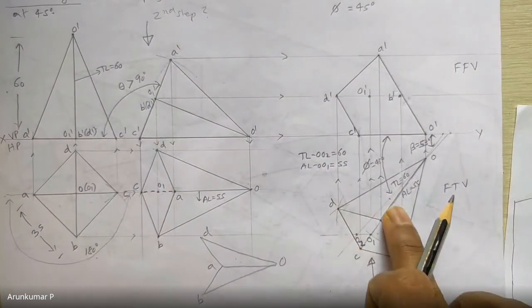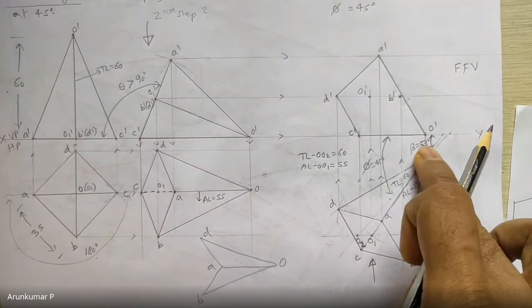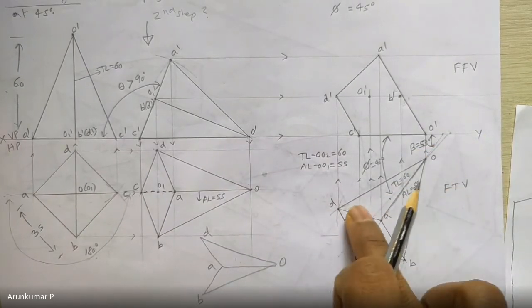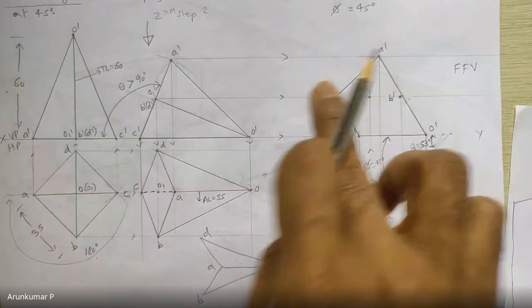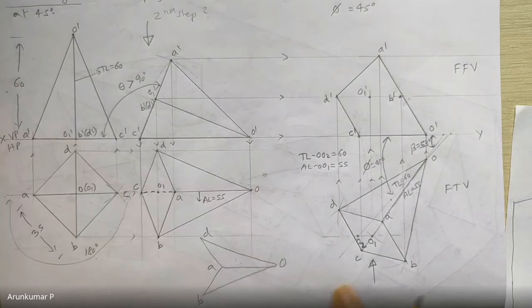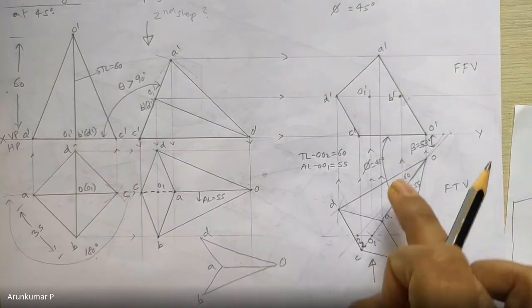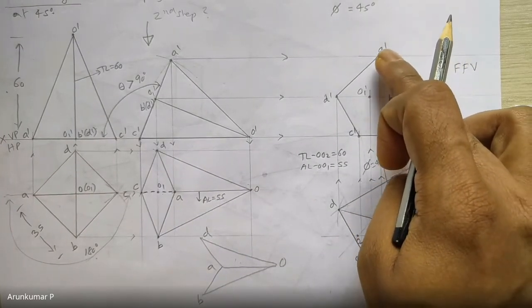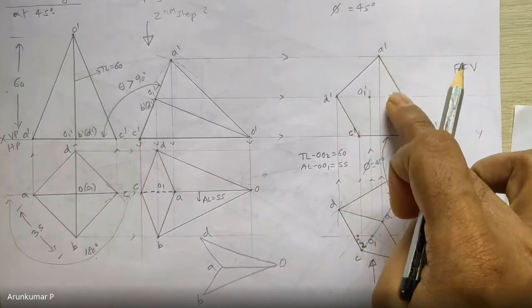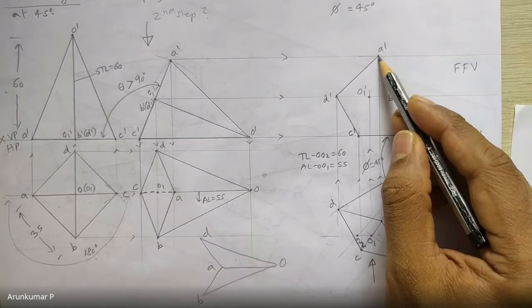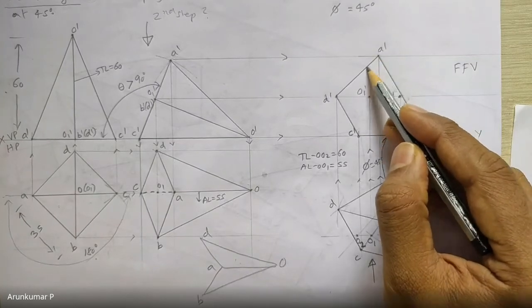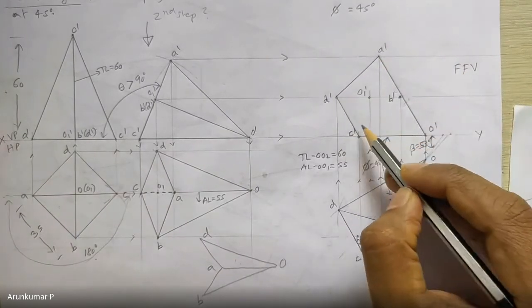Since the base is nearer to the observer than the apex, the base will be completely seen in the front view. So since the base is nearer to the observer, you have to understand that in the front view, the base is completely seen. So base means ABCD. So already you can see A dash, D dash is joined. D dash, C dash is joined.